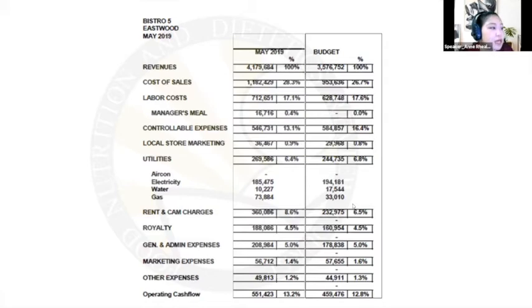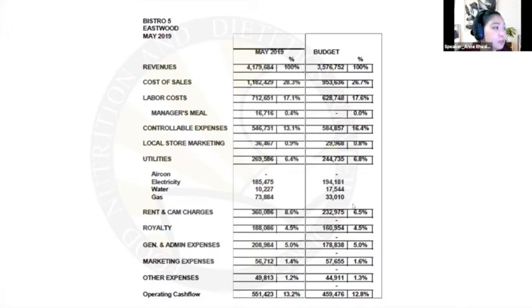So depending on the type of institution, it could be up to 60% already. So kung ang labor cost mo ay nasa 30% na and adding other costs, that will leave you a negative cash flow already.